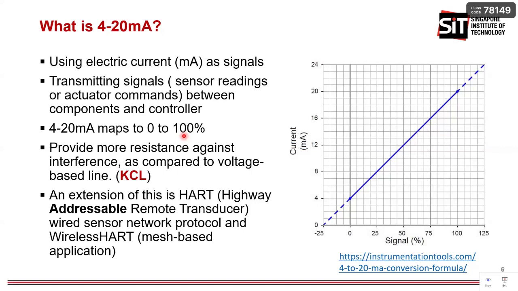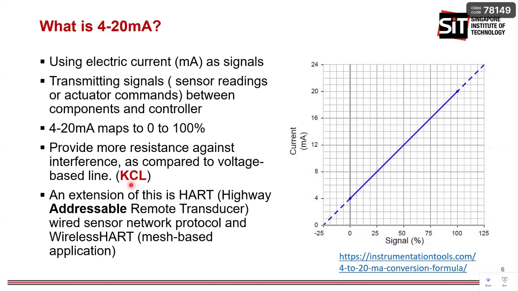But what I want to share with you in this particular slide is that the current being transported through the copper wires has to be between 4 to 20 milliamp. As I have asked earlier, why do we choose electrical current versus other electrical properties like voltage? If you recall what you have learned in circuits, we have this KCL.